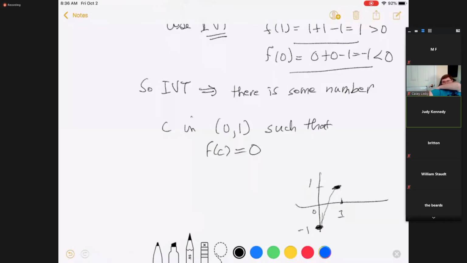Well, that says there's at least one number such that that's true. But what if the graph does something like that and it's got maybe 3 roots? So it could maybe have more than one.